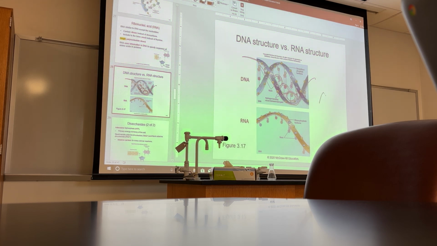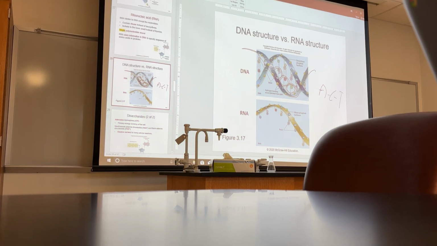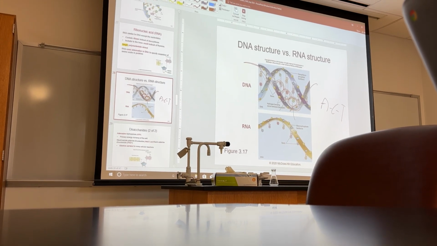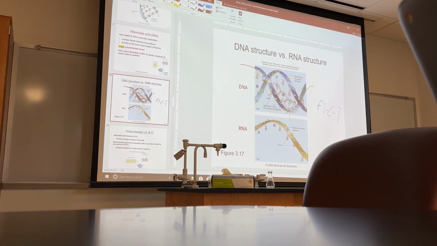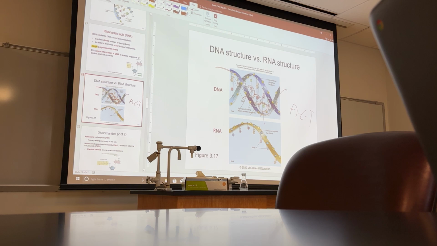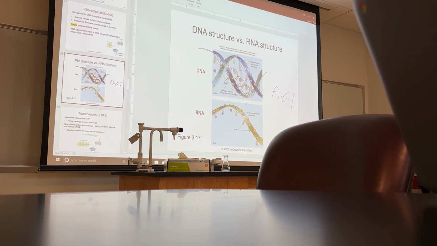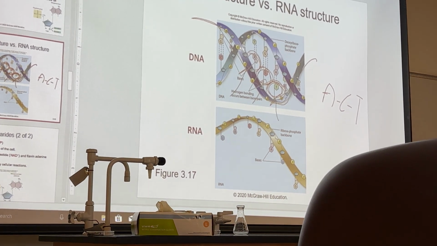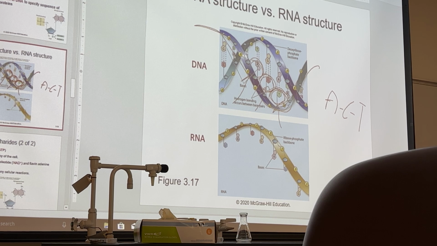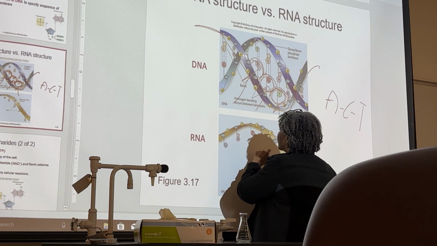So this has got adenine, cytosine, and thymine. So here's thymine, here's cytosine, and here's adenine. On that strand, you see where I'm coloring? On that strand, that linkage is called a phosphodiester linkage.